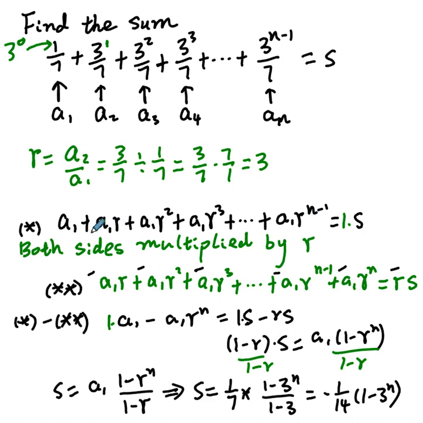And here, A1 times R is A1 R. A1 times R, you then multiplied by R, so it's A1 R squared. So this term after multiplied by R goes here. This term after multiplied by R goes here. And of course, A1 R squared multiplied by R goes here.